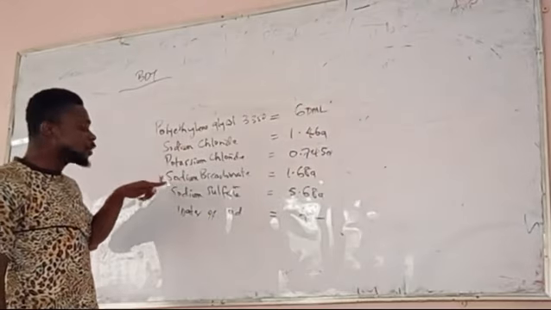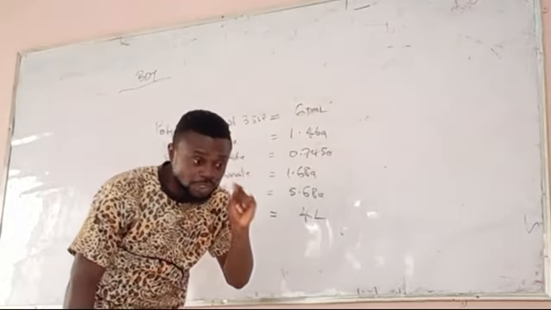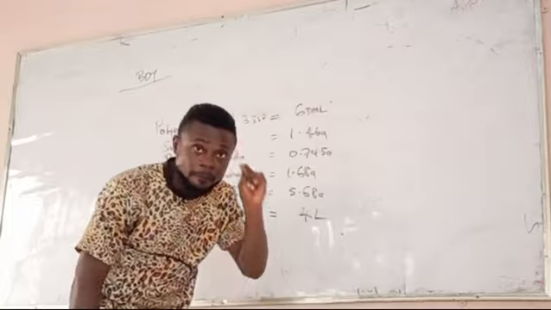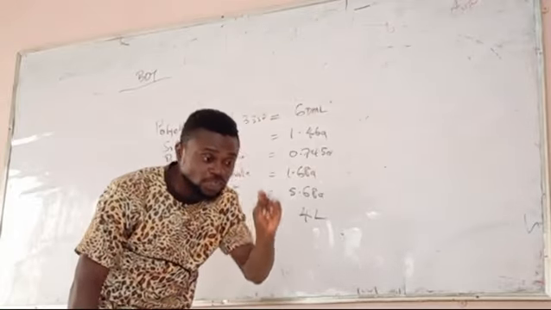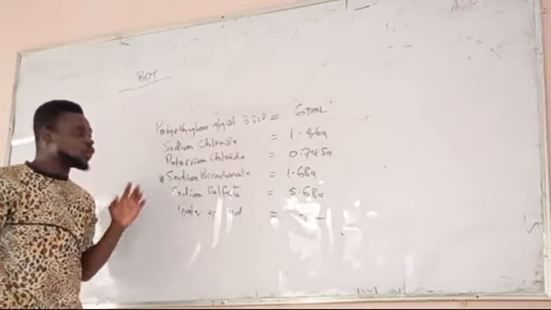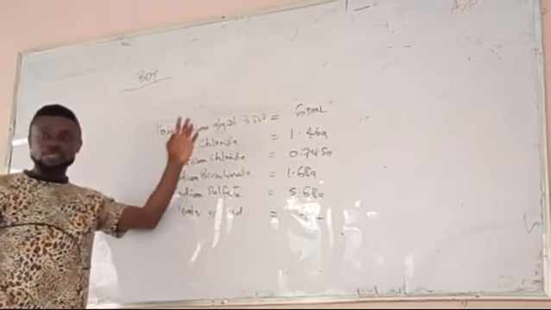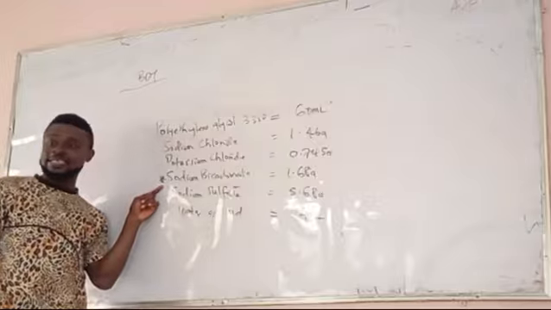Good. The question wants us to calculate the quantity of sodium bicarbonate needed to prepare 100 liters. Remember this is objective. You have no business with the other ones. Focus on the one you are asked.